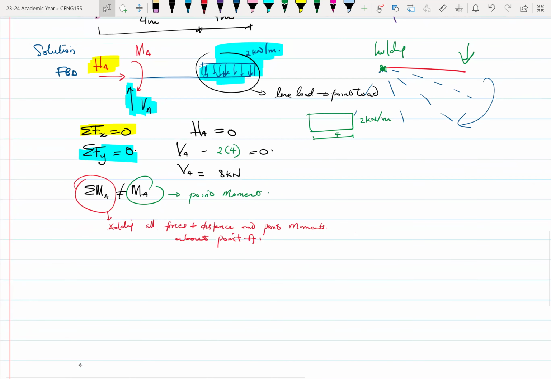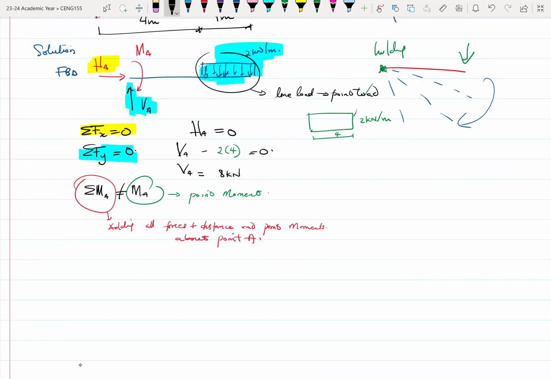One is a moment, a standalone value, and then one means that you are summing up all these standalone values together at a point. Okay. And that summation should give us 0 because we want to maintain equilibrium.